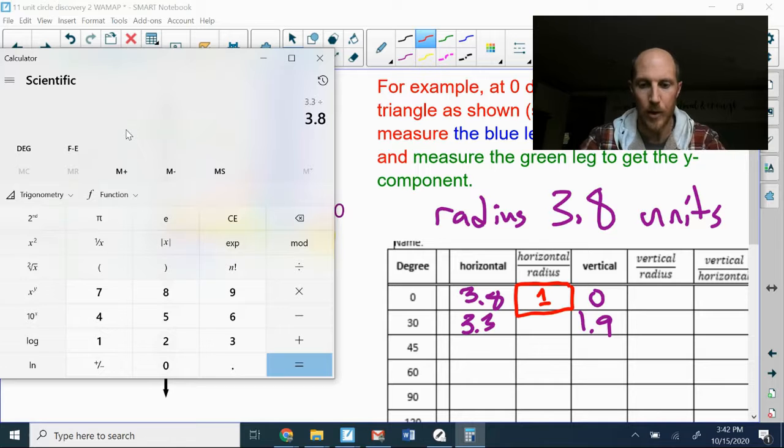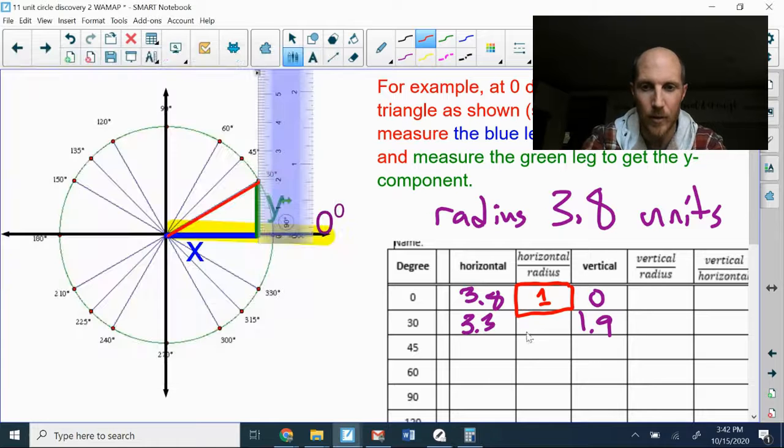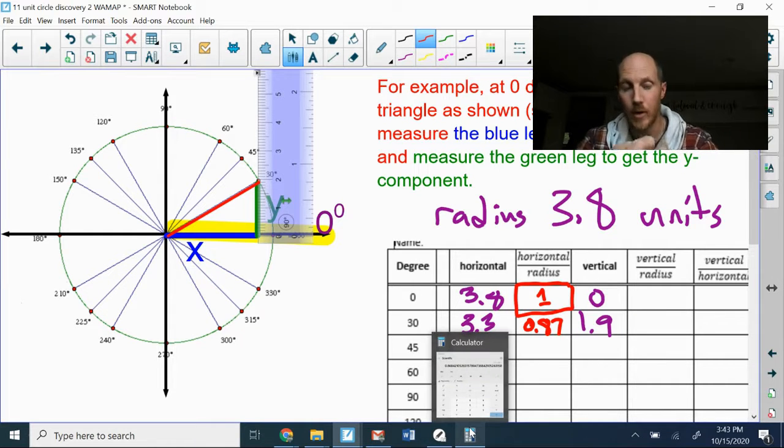It's going to round to 2 decimal places, so 0.87, yeah, 0.87, right?